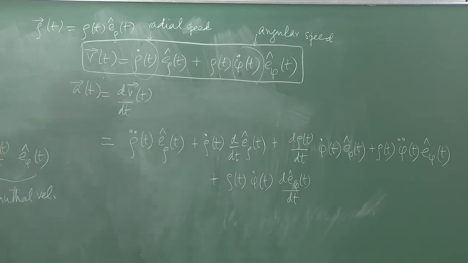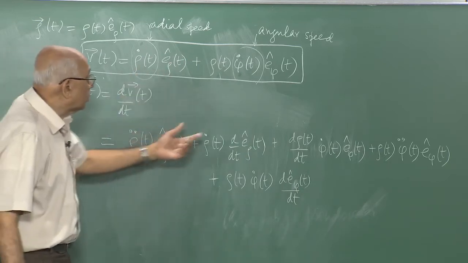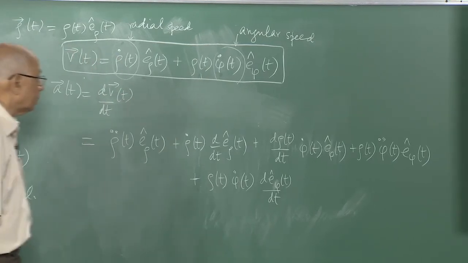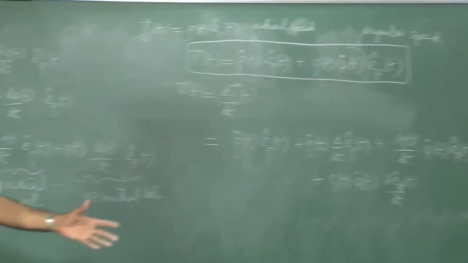So you really have a large number of terms. You differentiate this, you get 2 terms, you differentiate this, you get 3 terms, and therefore you have 5 terms in all. And we have to add up all these terms here.